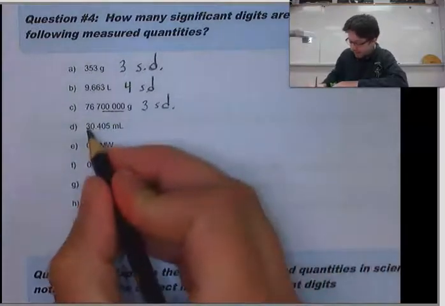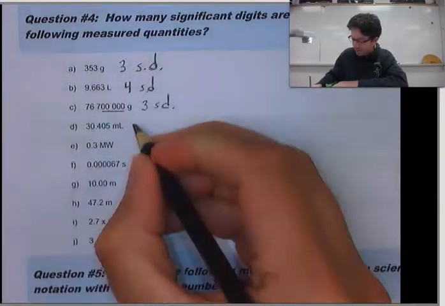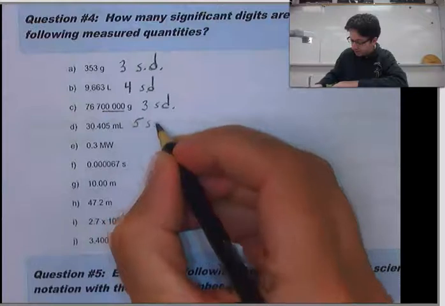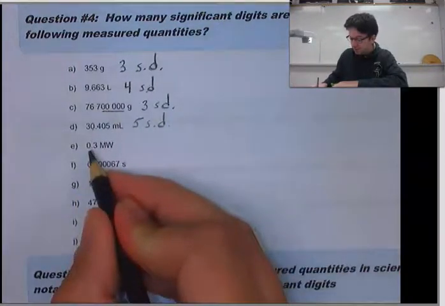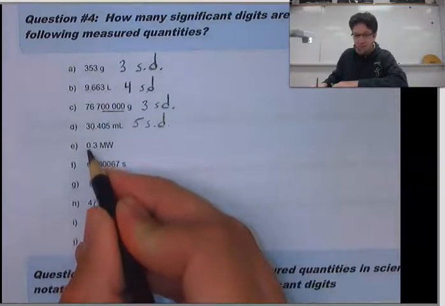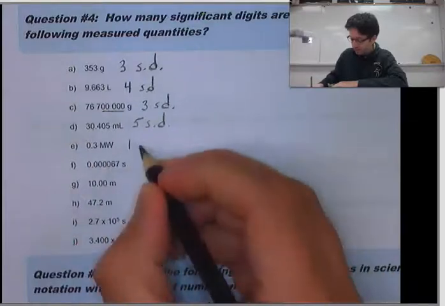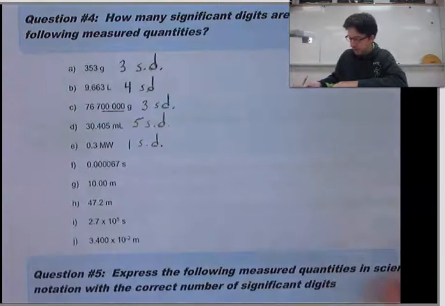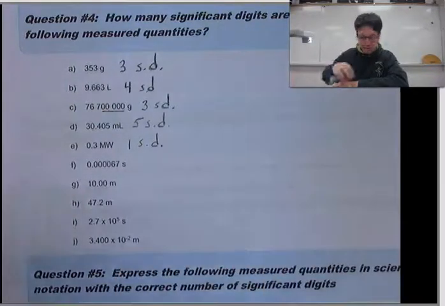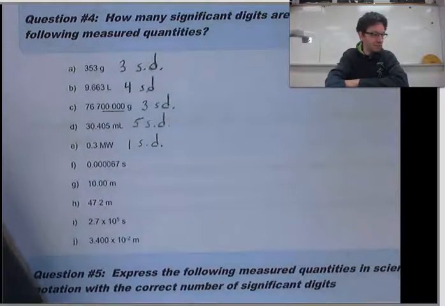So this one actually has 1, 2, 3, 4, 5 significant digits. Right? This 0 does not count. Okay, so this only has 1. Okay, and I want you to try the rest, so I'm just going to pause the video.